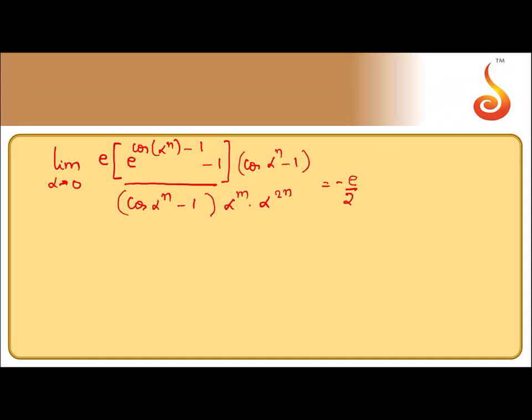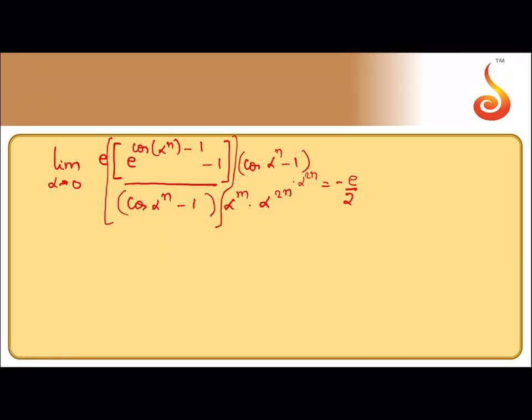We multiplied and divided. Okay, alpha to the power m is already there and alpha to the power 2n is already there. So we require alpha to the power 2n is equal to minus e by 2 is given.